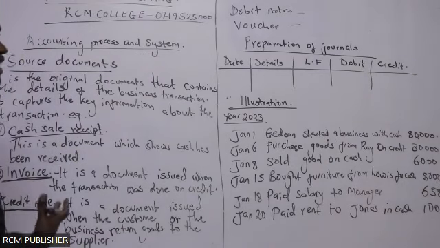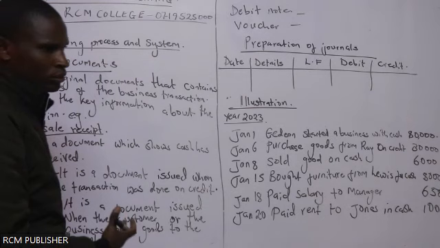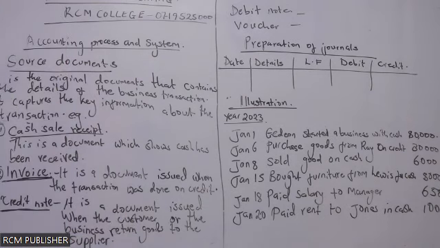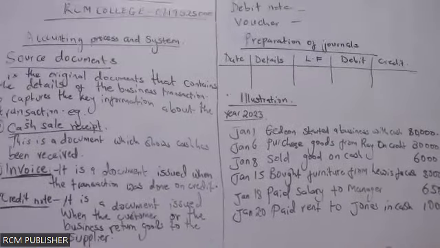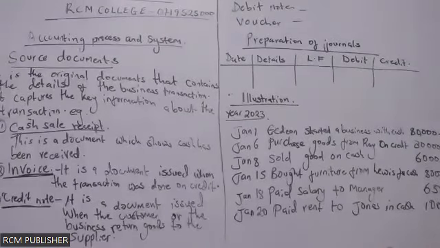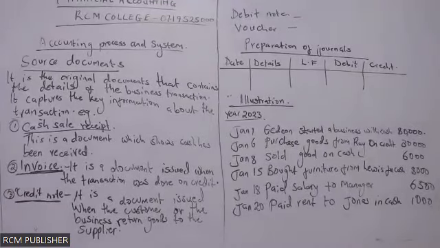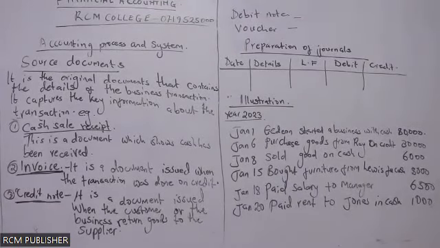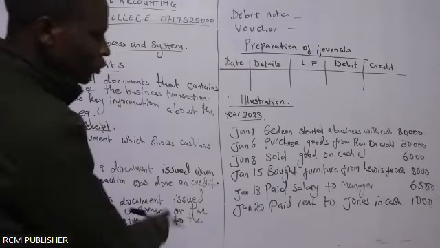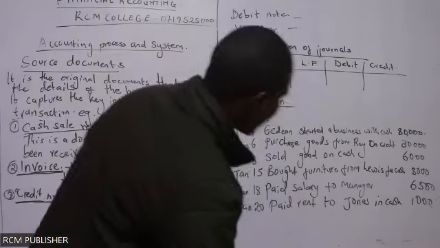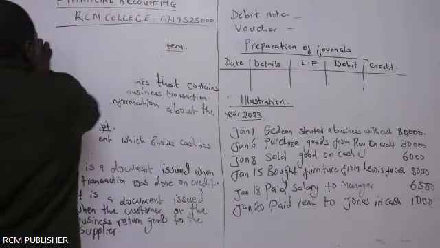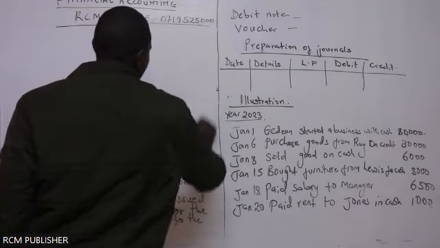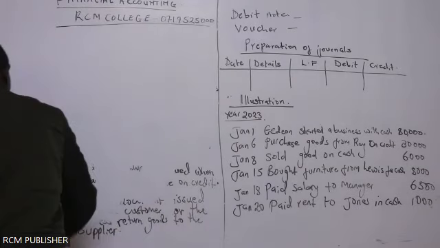And you are told to present that in a journal. All right, I hope it's visible. So if you're told to present that information in a journal, how are we going to do it?